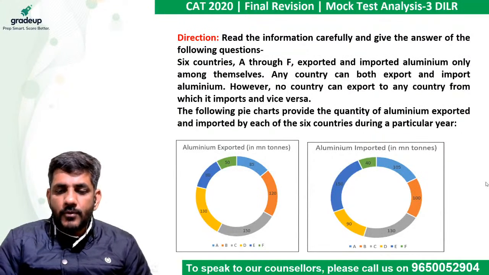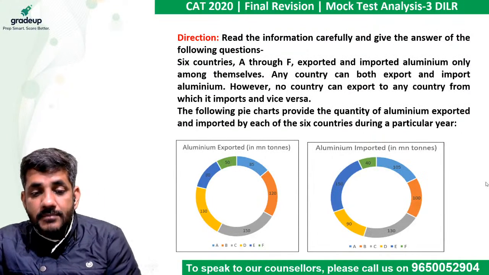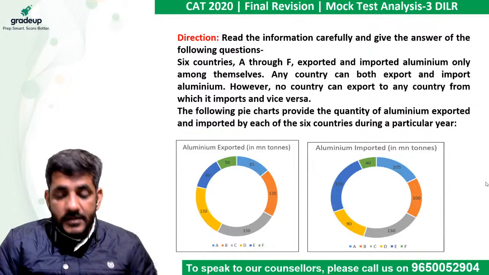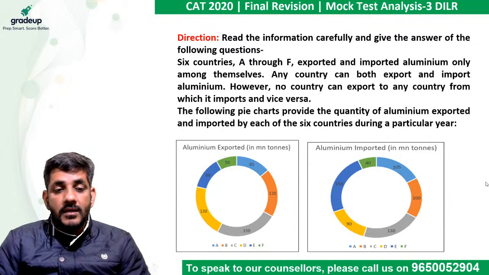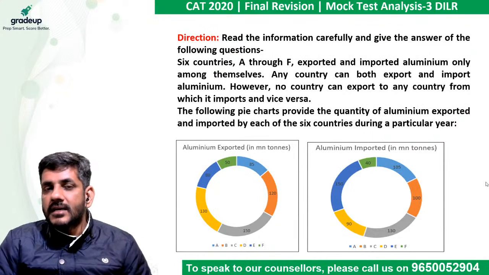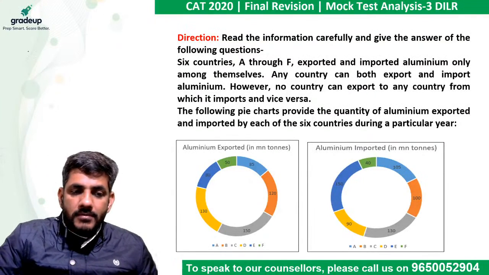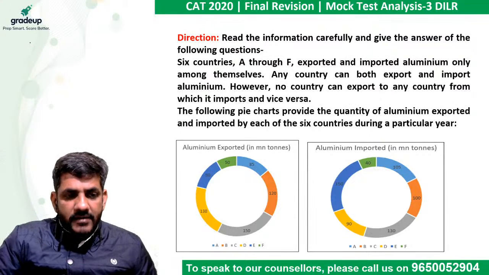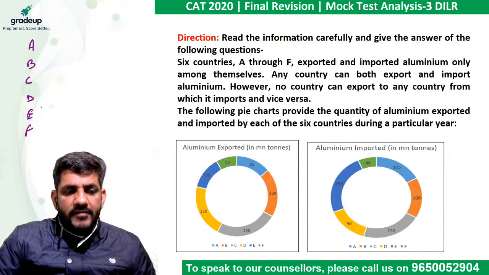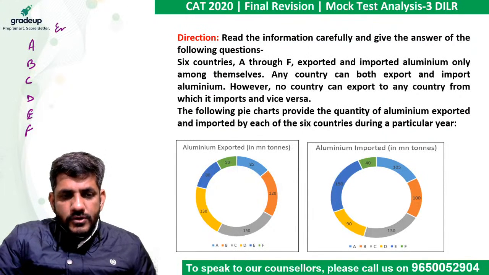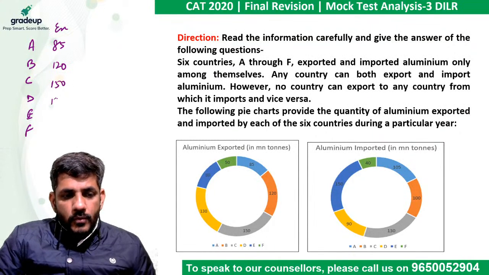The following pie charts provide the quantity of aluminium exported and imported by each of the 6 countries during a particular year. This again looks like an easy set at first sight, right? I'll tell you what is the problem with this set. So I have countries A, B, C, D, E and F. If I look at the exports of these countries, exports are 85, 120, 150, 130, 80 and 50.